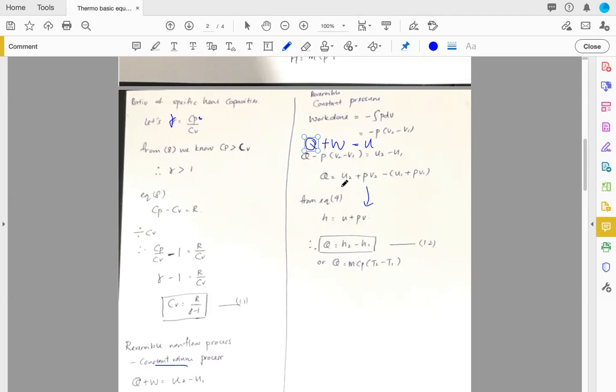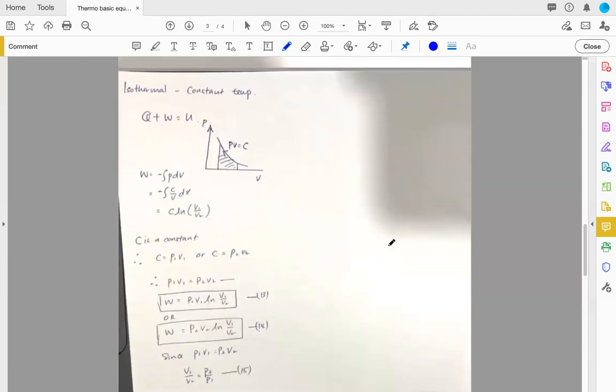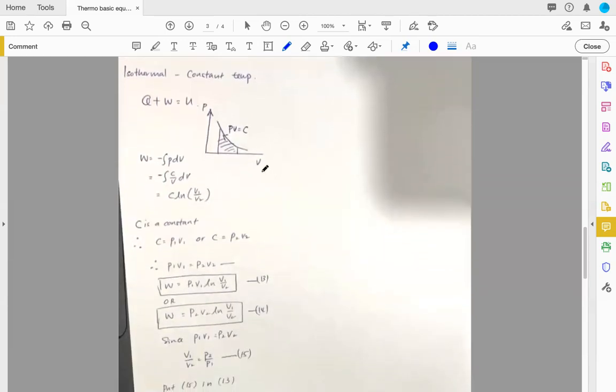So therefore, we can replace this as Q equals H2 minus H1. That is very good. It means we can refer to the thermodynamic table, for example at a certain pressure, and then you can enter temperature, get your H1 and H2, take H2 minus H1, and you can solve the problem.